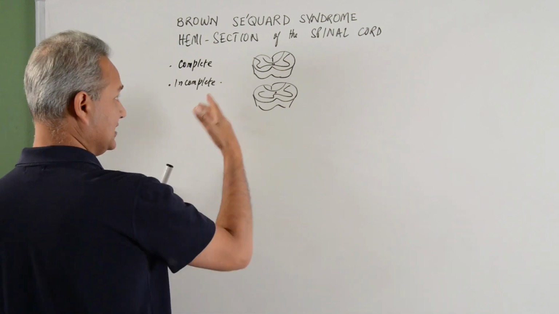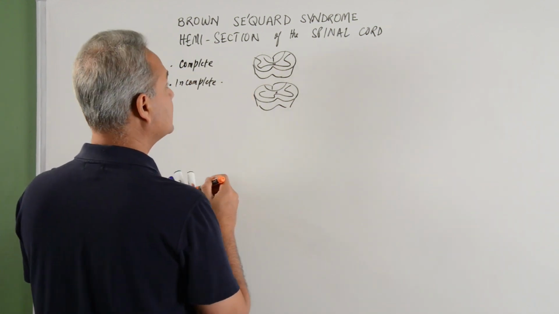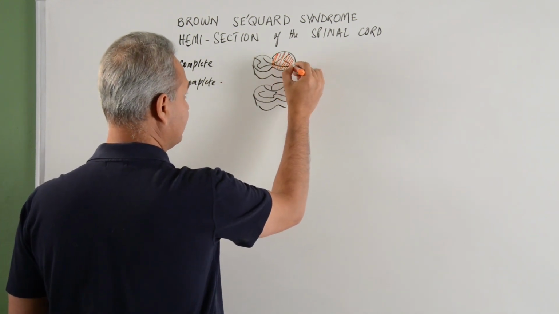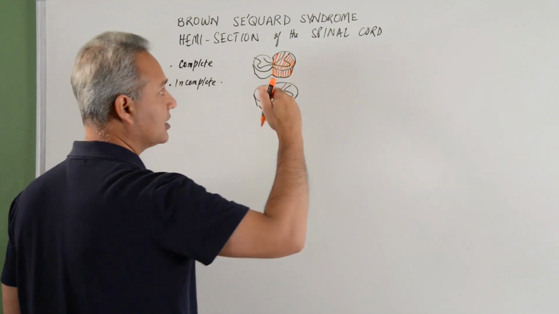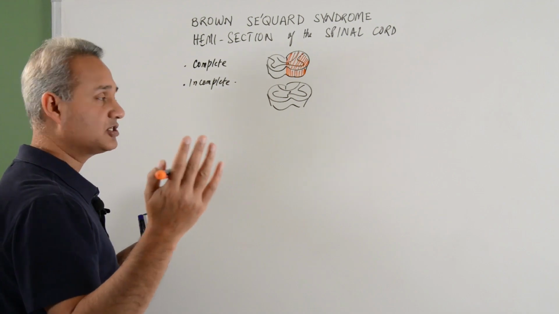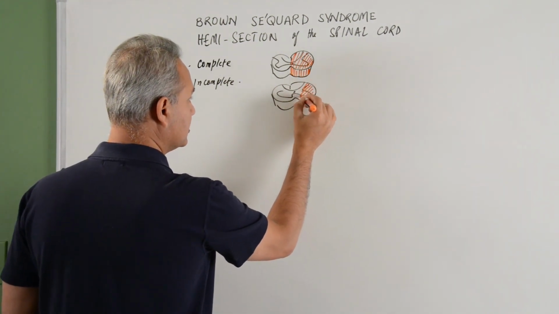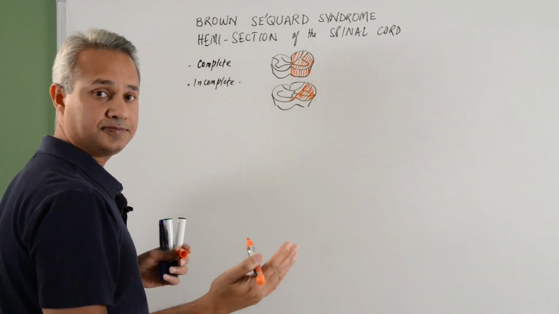Complete hemisection, half section, means one complete side, complete right or complete left or complete anterior or complete posterior, one complete side is sectioned.